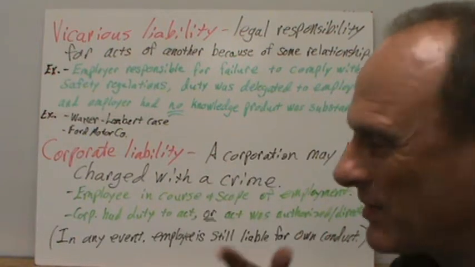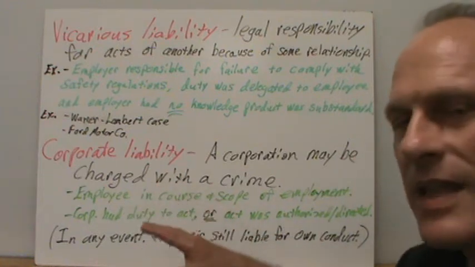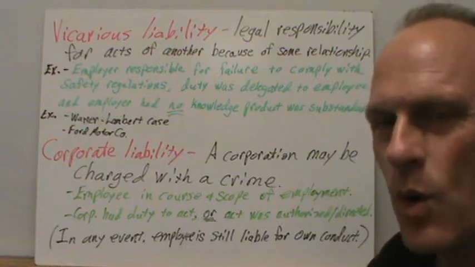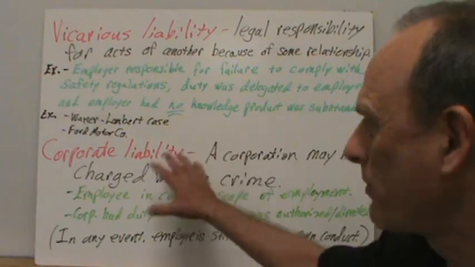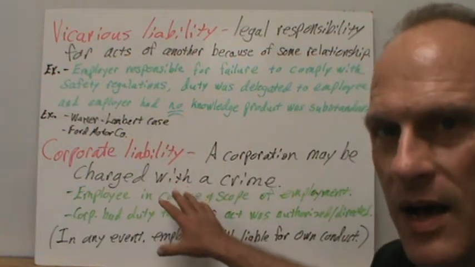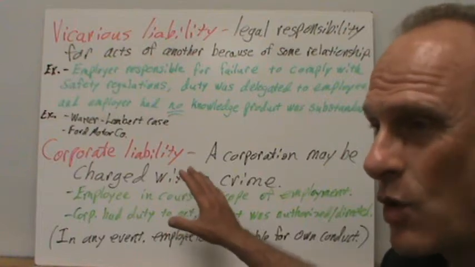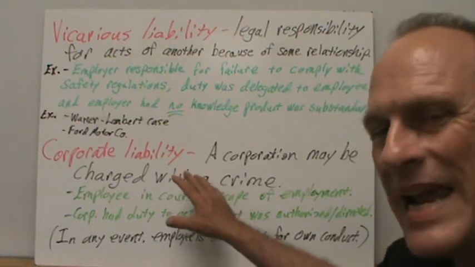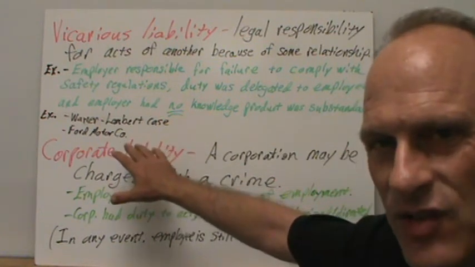So even though, and this ties in with corporate liability, can a corporation be charged with a crime? Well, how does a corporation act? Through its agents. The corporation is treated as a legal person, but it's not the corporation that made the decision on the gas tank on Ford Motor.